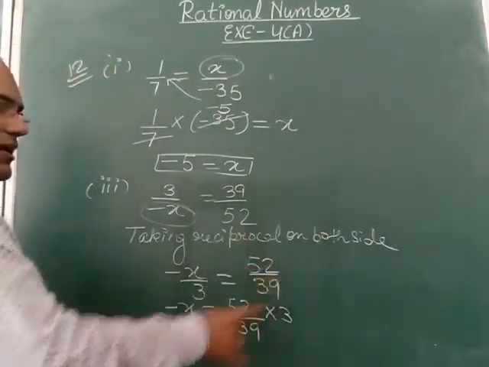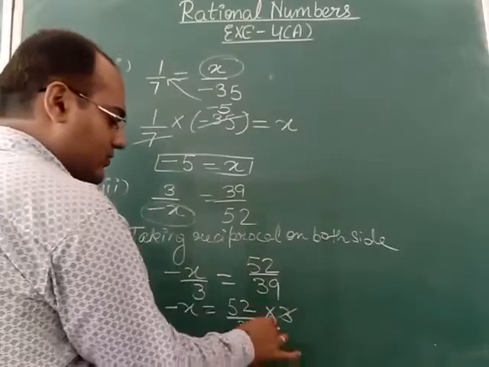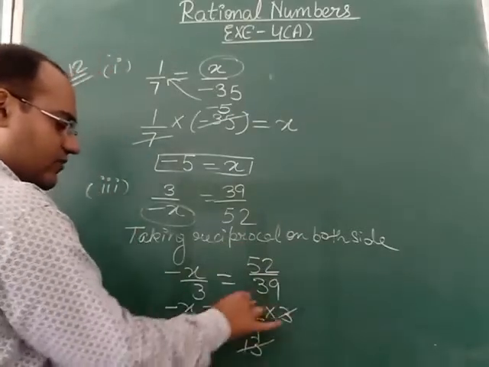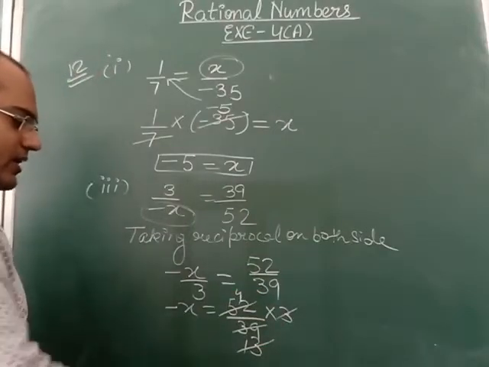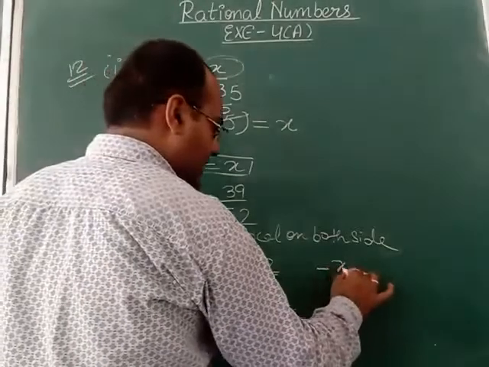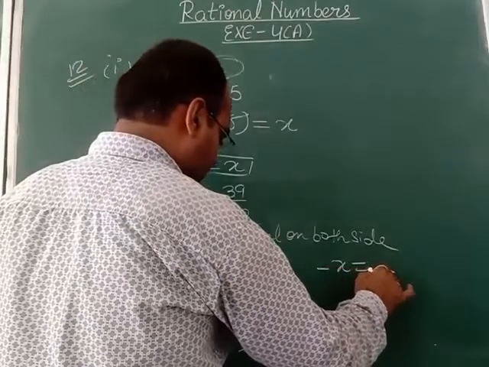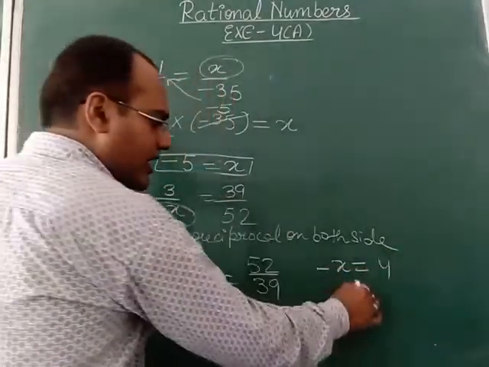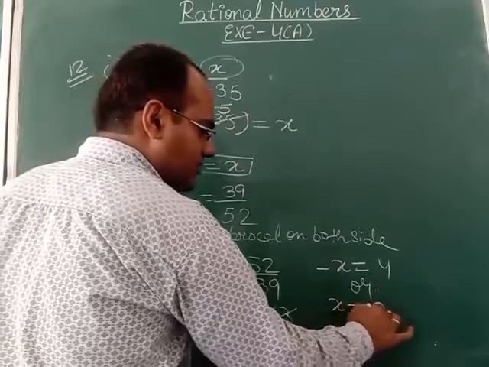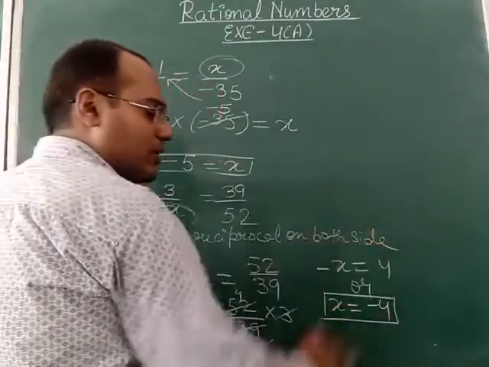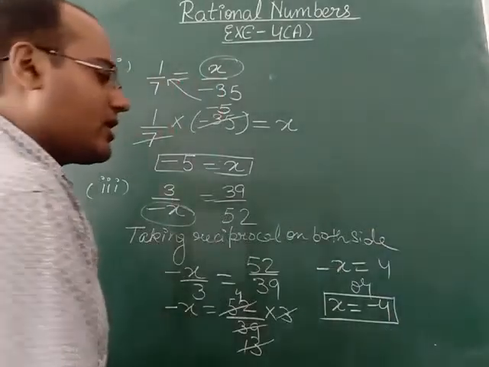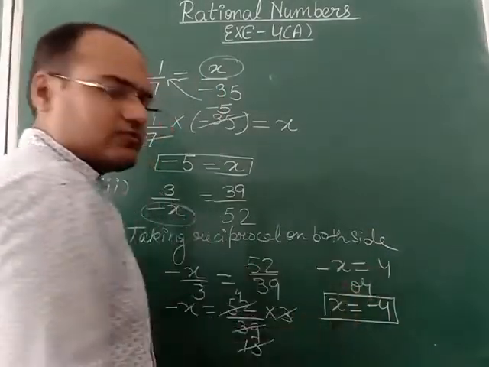Divide 3 will come here in multiply. 3 1s are 3, 3 3s are 9, 13 4s are 52. So finally we got the answer, minus x is equal to 4. Or we can say x is minus 4. This minus sign we will write with the number. Then our answer will be x is equal to minus 4.